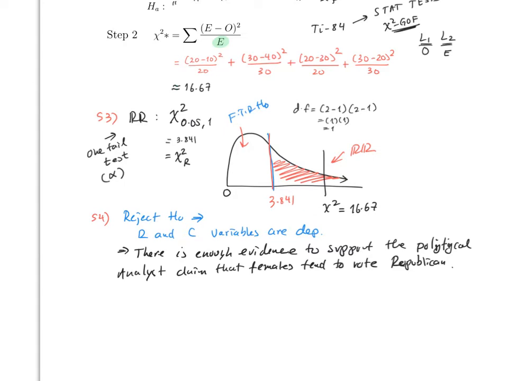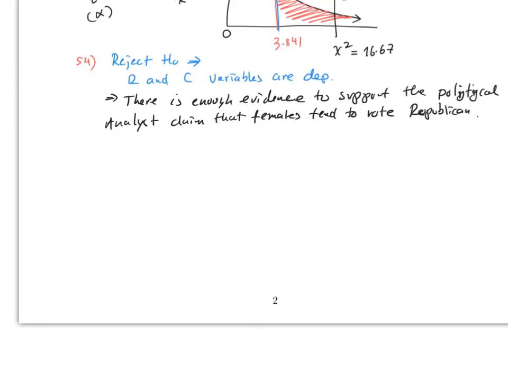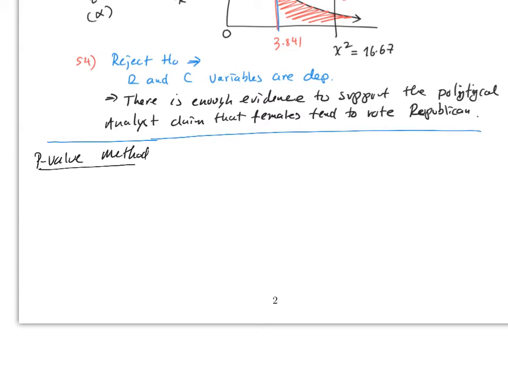All right, what about the p-value? All right, so for the p-value, let's do the calculator first. For the p-value method, remember that step 1 and step 2 are exactly the same.